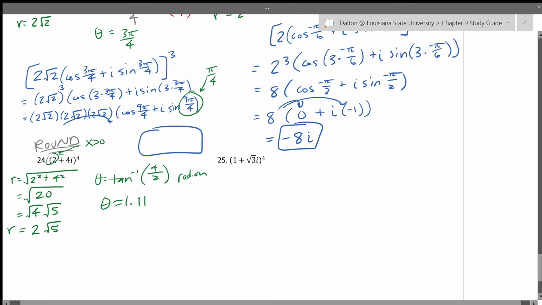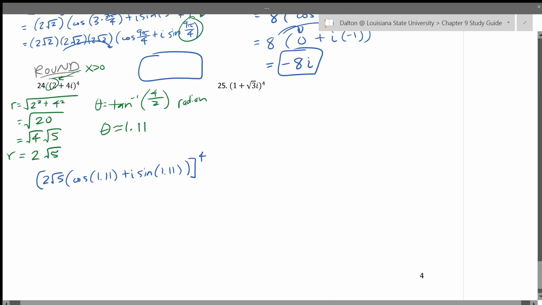In polar form, we can rewrite the question as 2 square roots of 5 times the cosine of 1.11 plus i times the sine of 1.11, all of that raised to the 4th power. Lots of parentheses there.